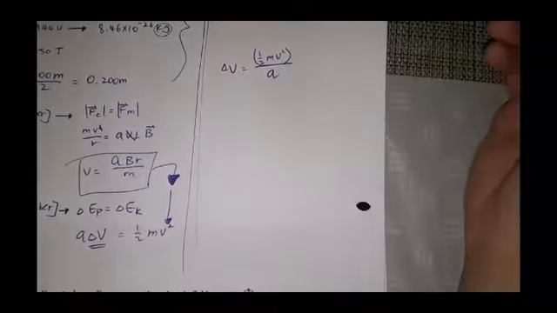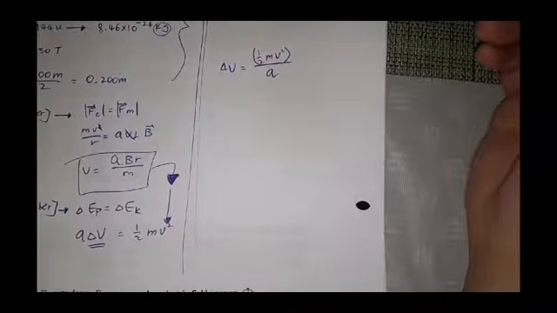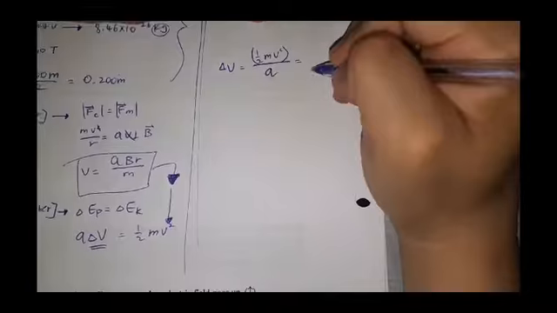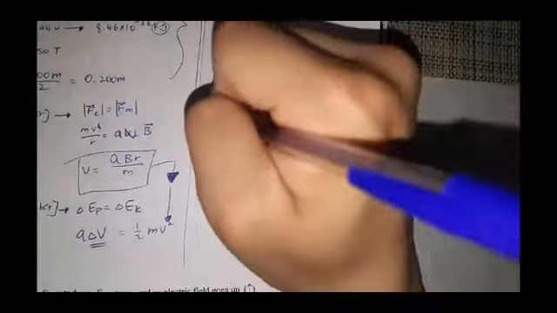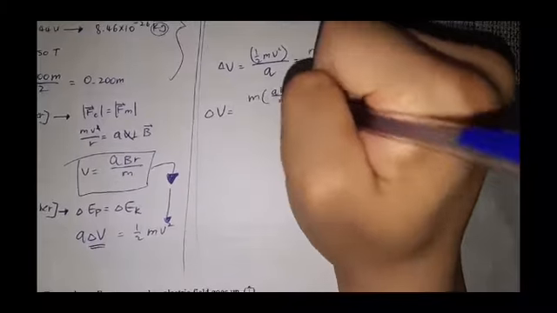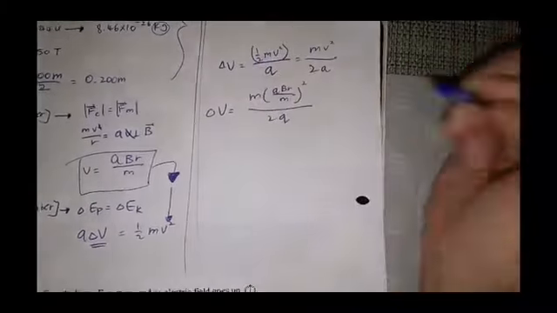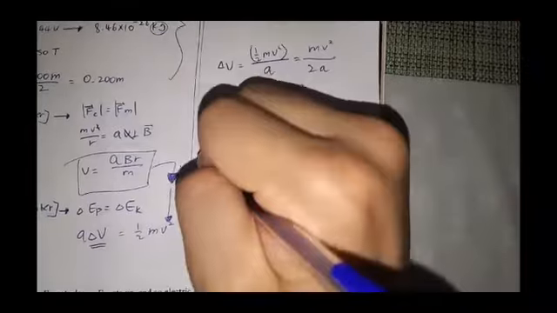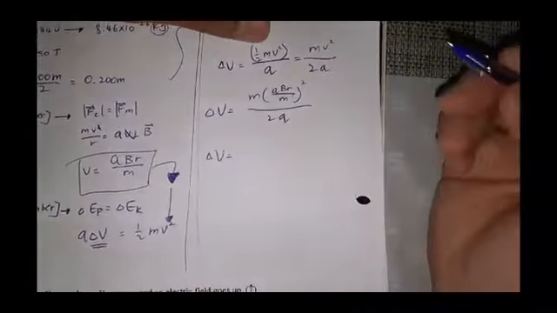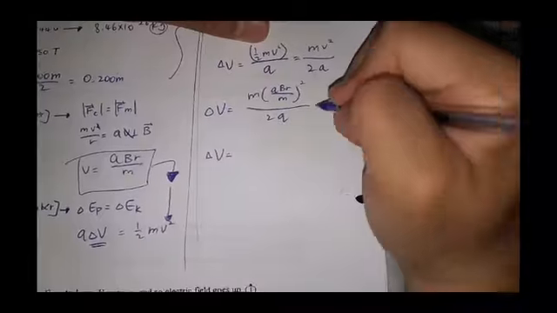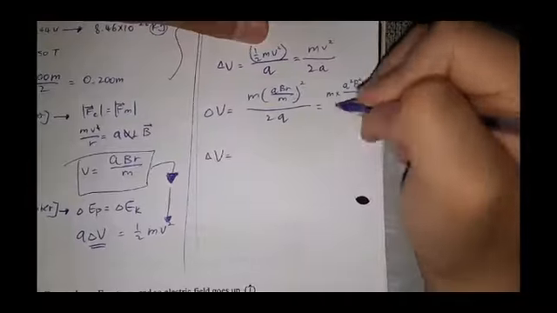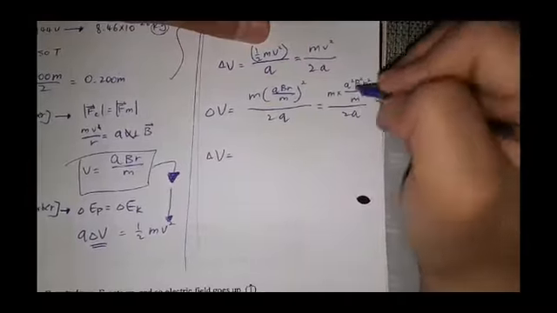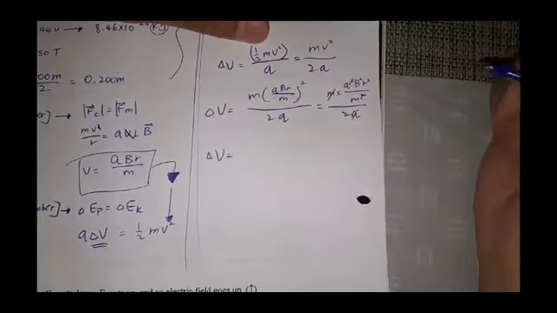That's what happened. And if we simplify, 2q in the denominator and mv squared is what we have. And now if I substitute everything, m times (qBr over m) squared over 2q is what we need to do. And we can actually simplify a little bit, because m times q squared B squared r squared over m squared, over 2q. That means q and a single q cancel, and so does m.